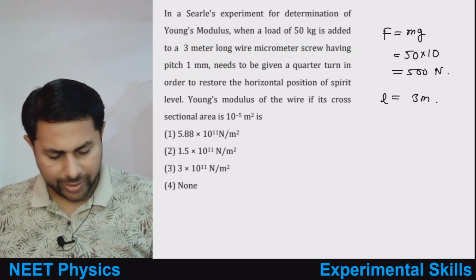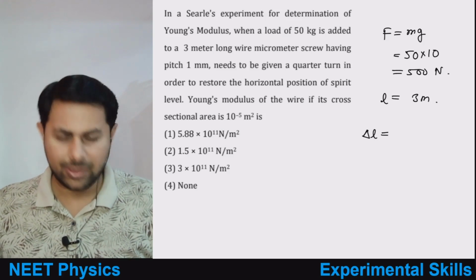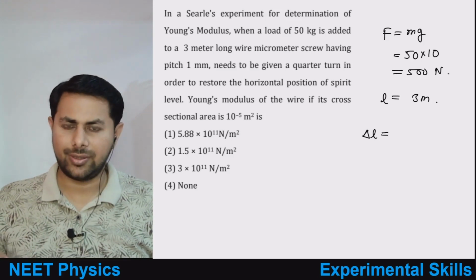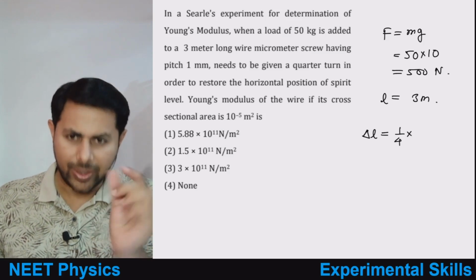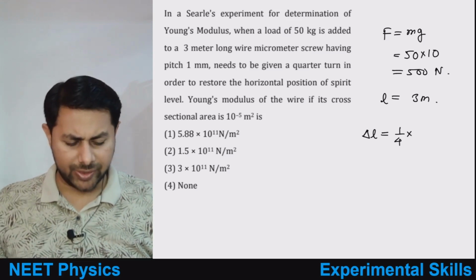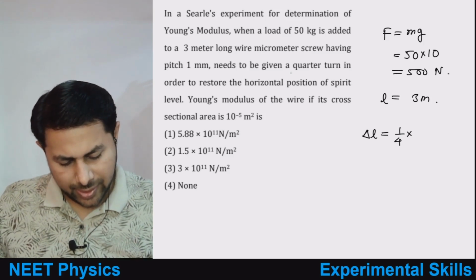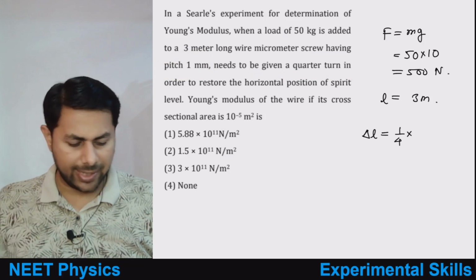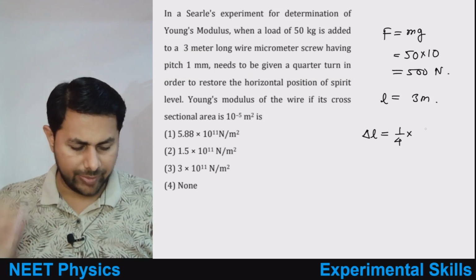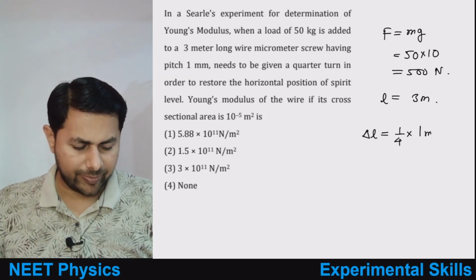So that means, what is the change in length? It's equal to a quarter turn, right? Quarter turn means 1/4 of the pitch. Okay, what is the pitch? The screw has a pitch of 1 mm, right? So delta L would be equal to 1/4 of that pitch. Okay, 1 mm.